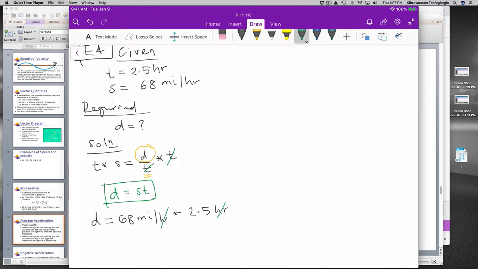Then multiply 68 miles by 2.5. The answer is going to be 170 miles. Nice, clean. All right.